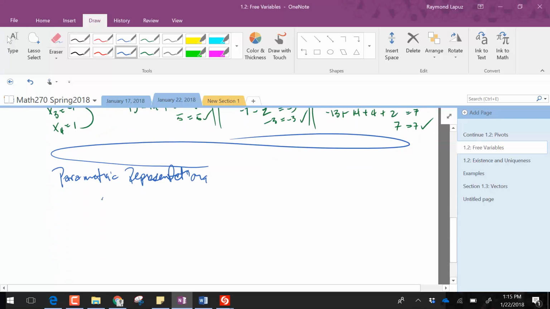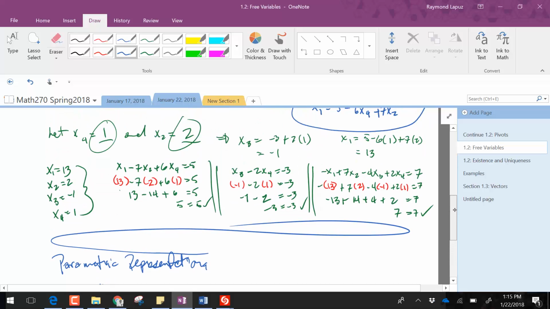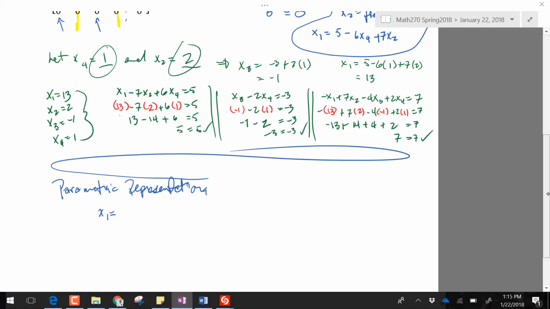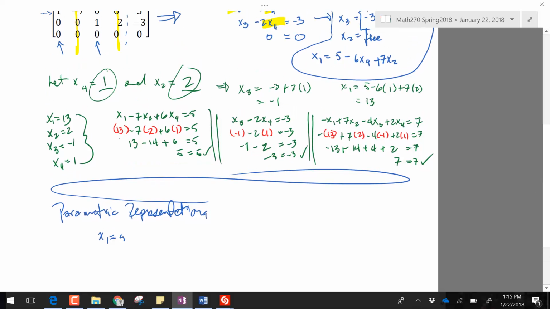So I'm going to write x1 first, which is equal to 5 plus 7x2 minus 6x4. And I'm going to reverse the order, so I have x2 first.